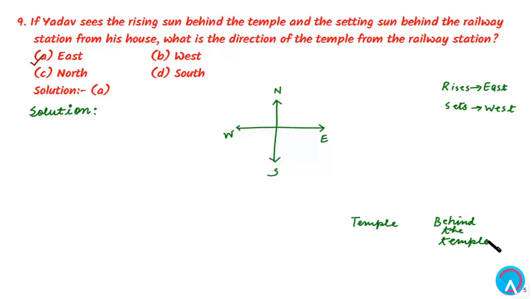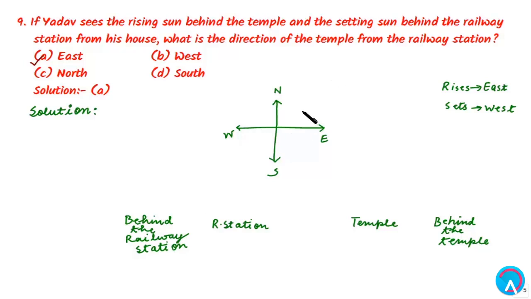And here Yadav is seeing the rising sun and he sees the setting sun behind the railway station. That means railway station, so let's suppose that this is railway station, will be westwards, and this will be behind the railway station, and here he is seeing the setting sun.